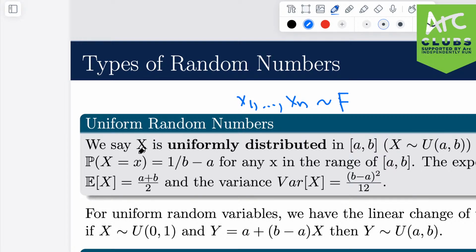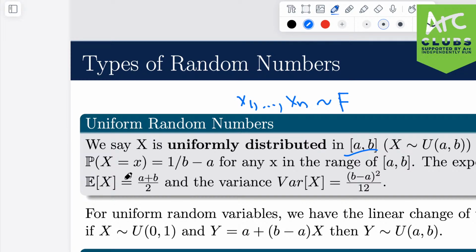So the first one is uniform random numbers, sorry, they are numbers, not variables, from a given range A and B. Hopefully we already know the concept of uniform distribution and normal distribution from second year maths.